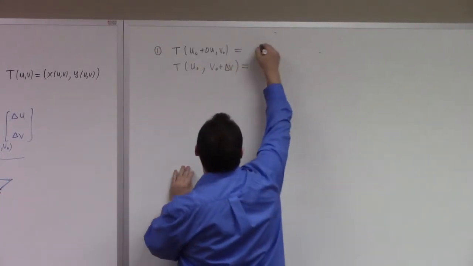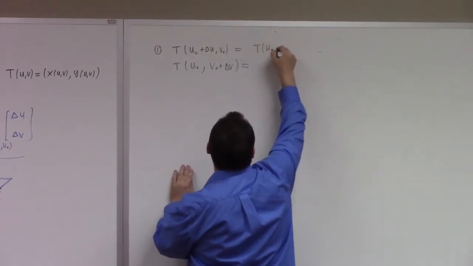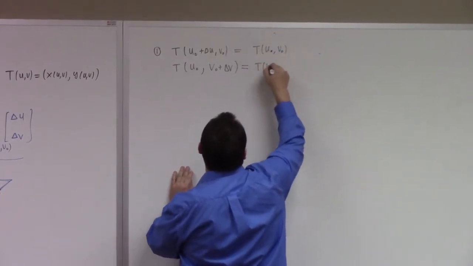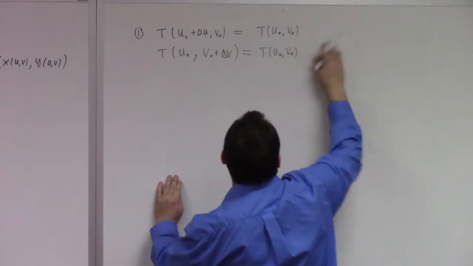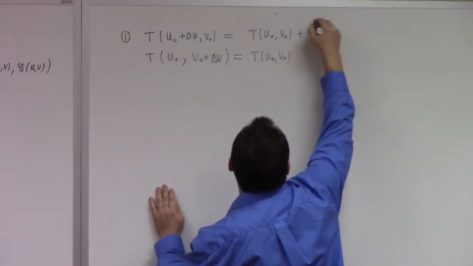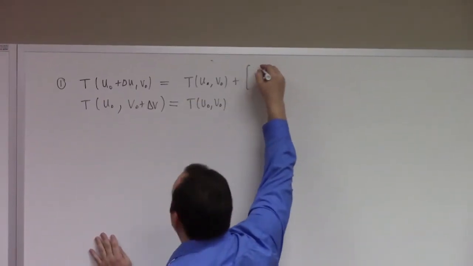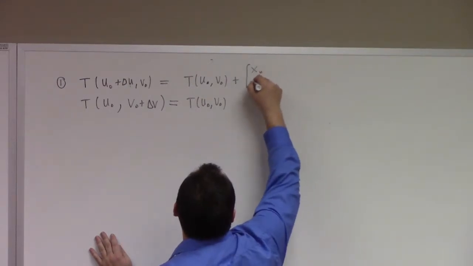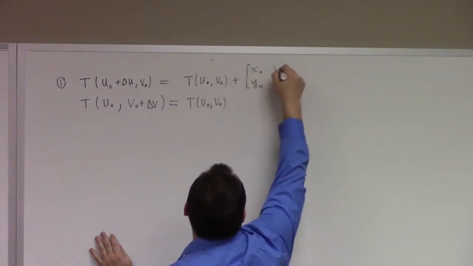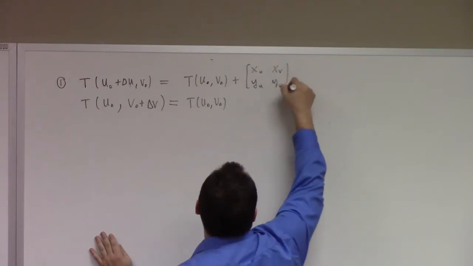Both of them give you T of u naught, v naught, that's just the constant, plus the Jacobian matrix, which I'm just going to rewrite as xu, yu, xv, yv.